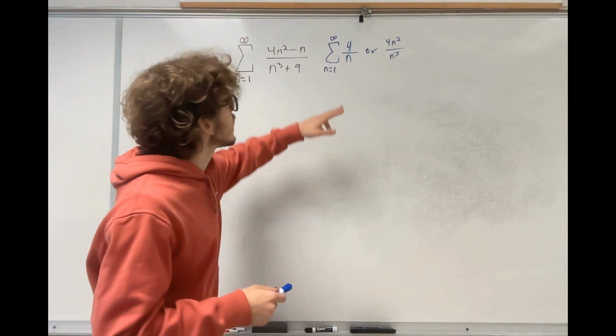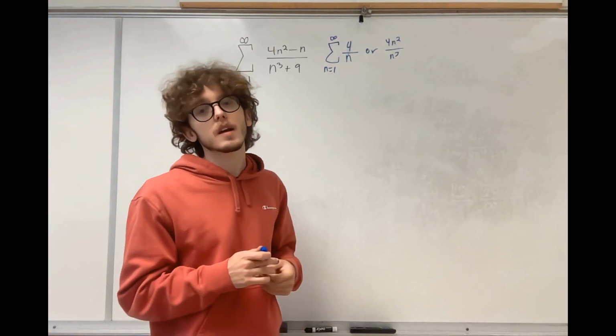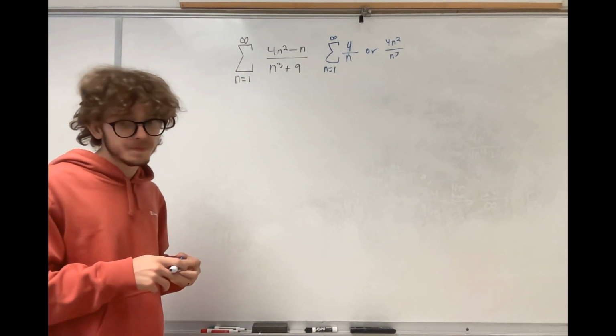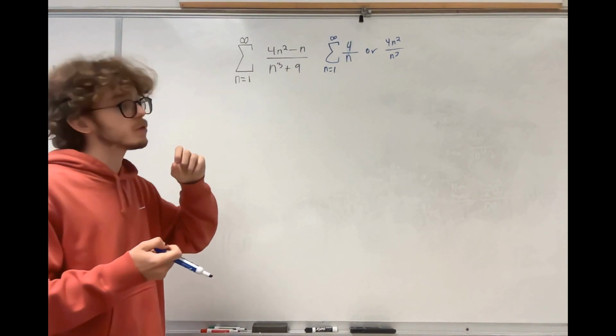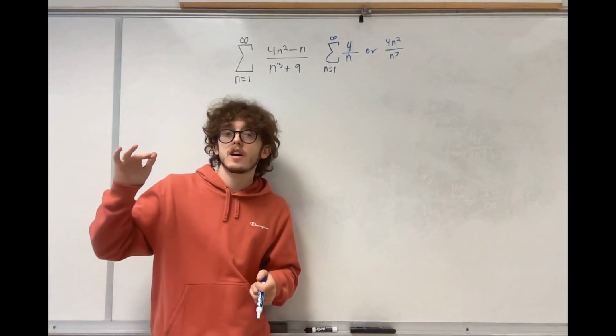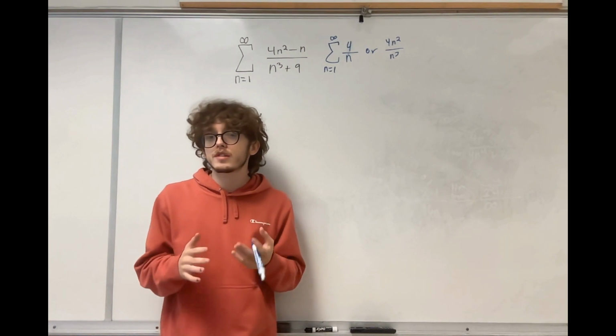Basically the only thing we're adding here is I just rewrote our sister series, I like to call it, that we're doing a comparison to. So the comparison test didn't work. Now we have to do a limit comparison test. Basically, take the limit of a fraction of your parent series over your sister series. Does it approach some value?